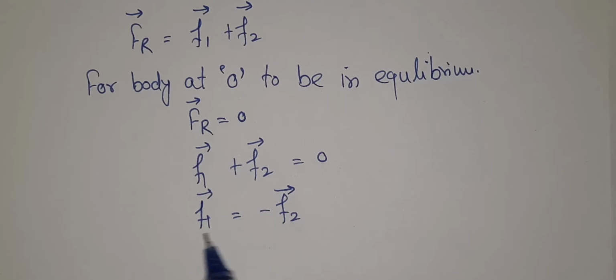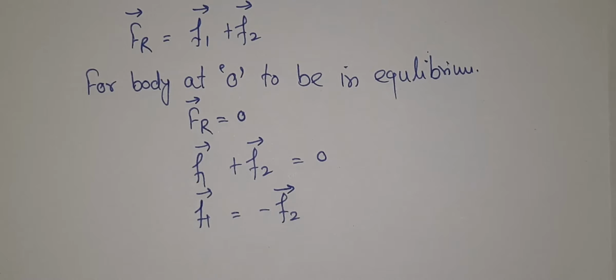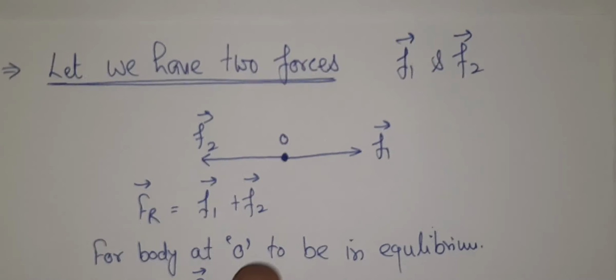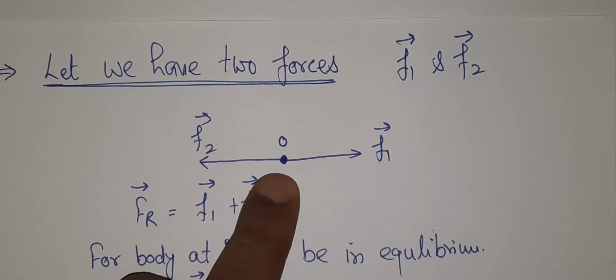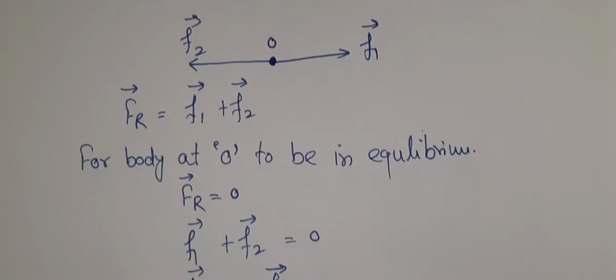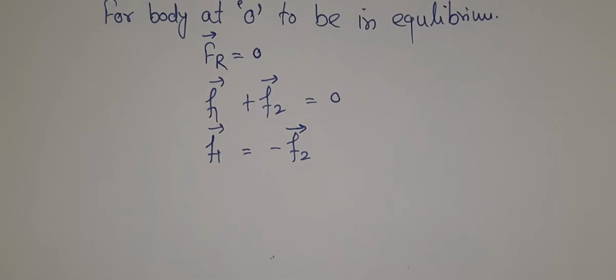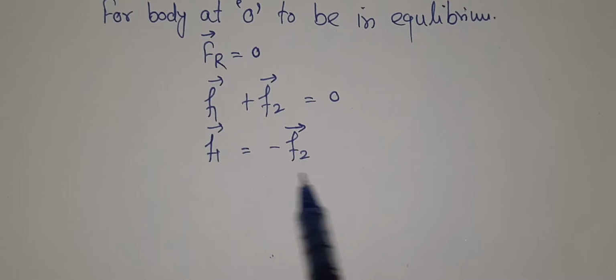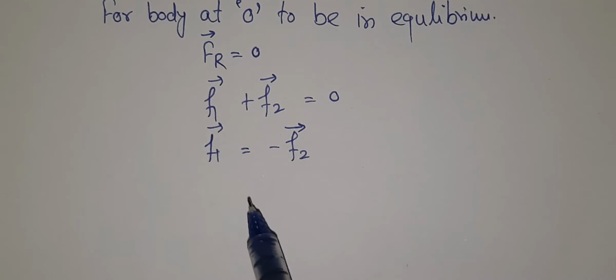Meaning both the forces have to be equal in magnitude and should be pointing opposite to each other. Meaning, when we have two concurrent forces acting on a body, there will be equilibrium only in that very situation when those two forces are equal and opposite with respect to each other.